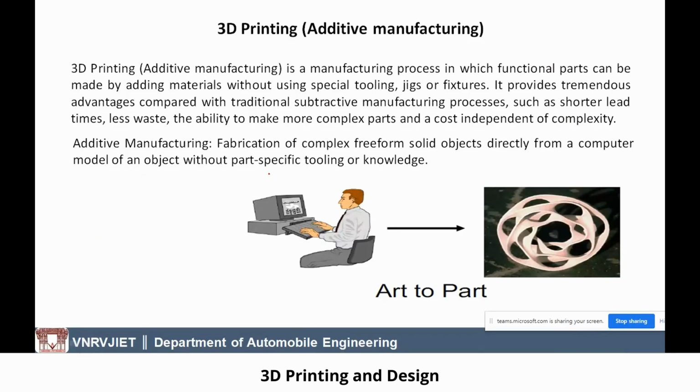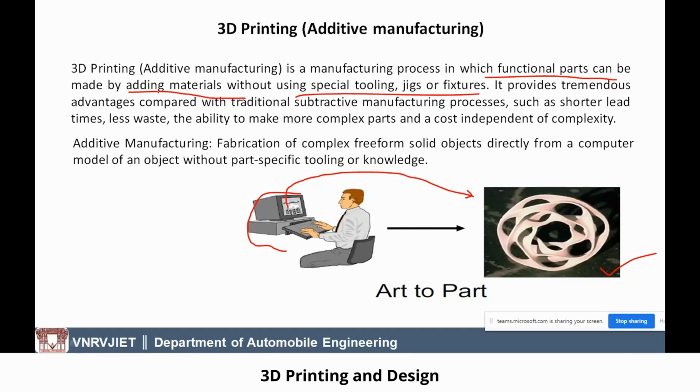Here you can see the soft copy we have prepared using a CAD system. From the CAD system, the soft copy of the 3D model is transferred into a 3D printing machine, where the 3D printer will produce the component. 3D printing is a manufacturing process in which functional parts can be made by adding materials without specific tools, jigs and fixtures.